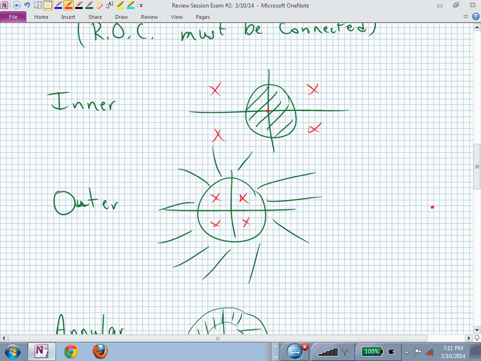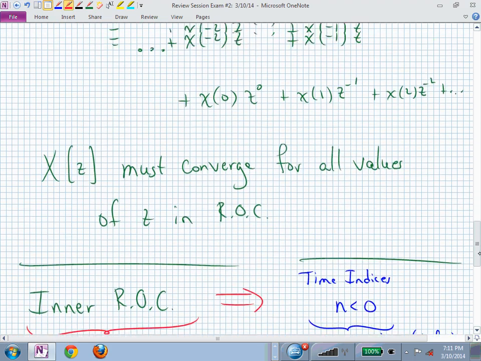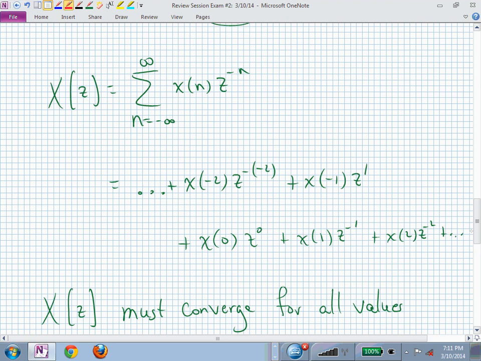That's inside the region of convergence, and our expression for the transform has to converge for that value of z. All right, x of minus 1 times z. And z is huge, isn't it? It's infinite. So we can't have a non-zero value for a negative time index at 1, minus 1. Same at minus 2. That's z squared. That's even worse.